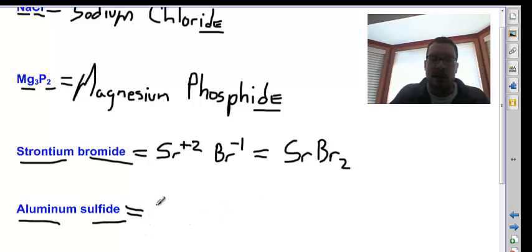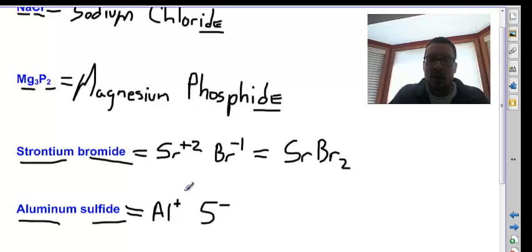Okay. Again, here's aluminum. I look on the periodic table. It's Al. I know it's first. It's the cation, so it's going to be positive, and I'll figure out its charge in a minute. Sulfide is sulfur, and it's going to be my anion.